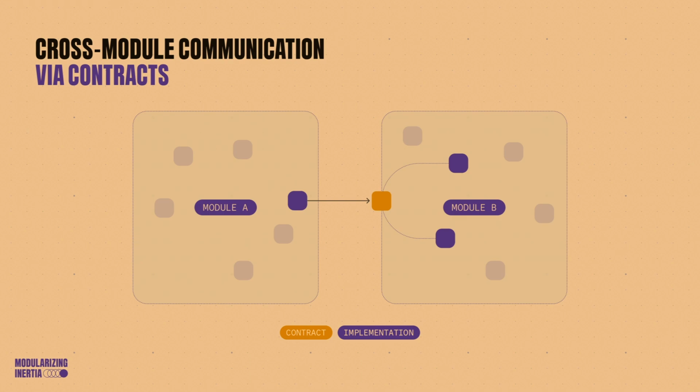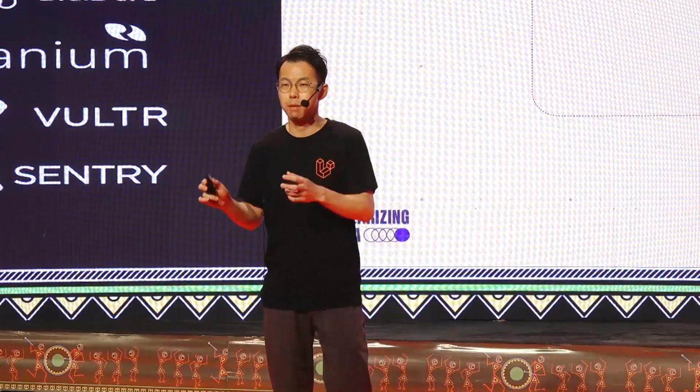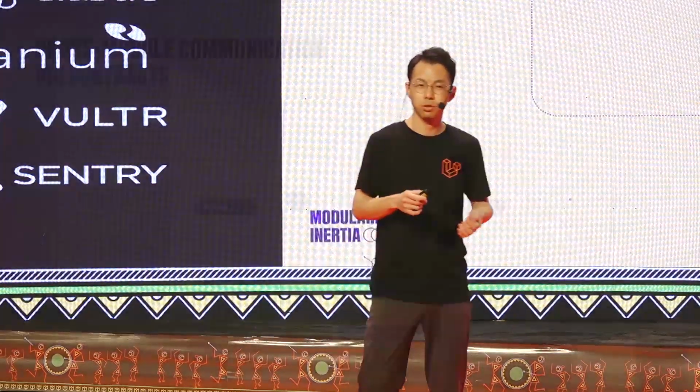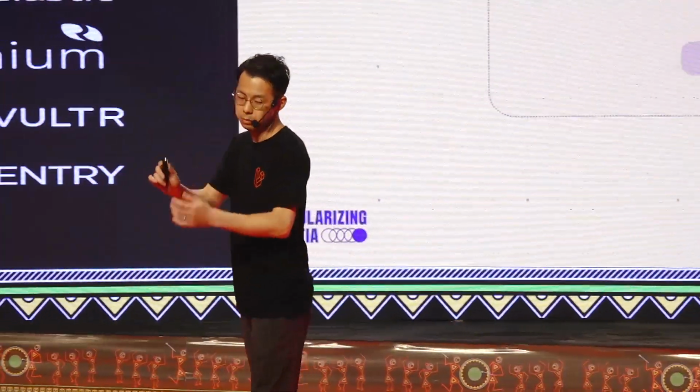It just needs to know what data to send and what to expect back. And teams can work on different modules in parallel as long as they follow the contract. It also makes testing much easier because when you're testing module A, you can mock the contracts of other modules, and you can focus on writing the test of the logic that you are actually testing.